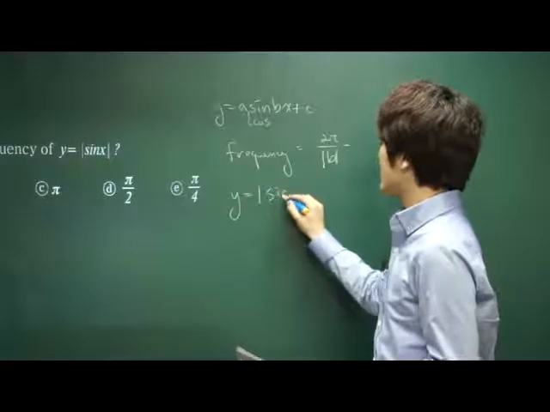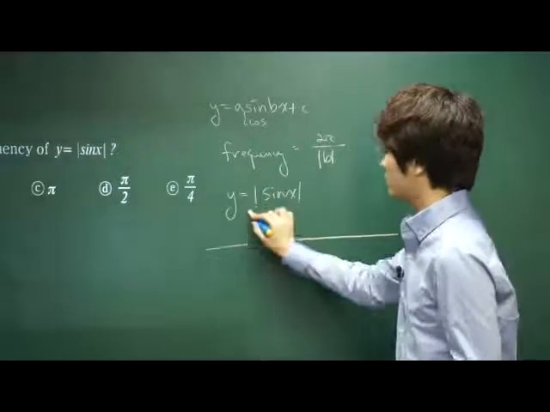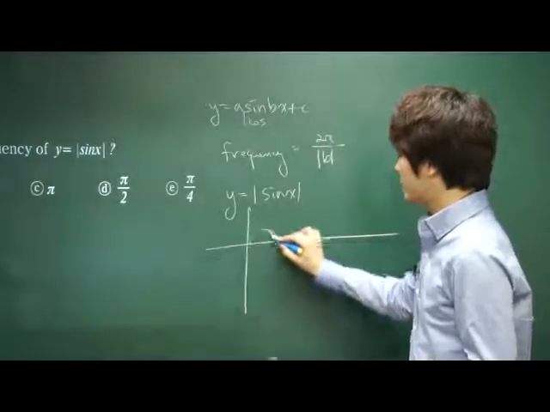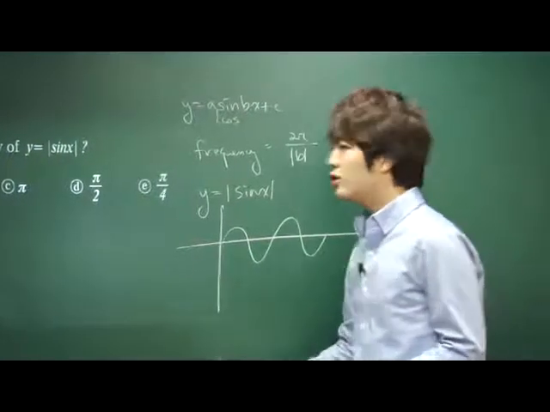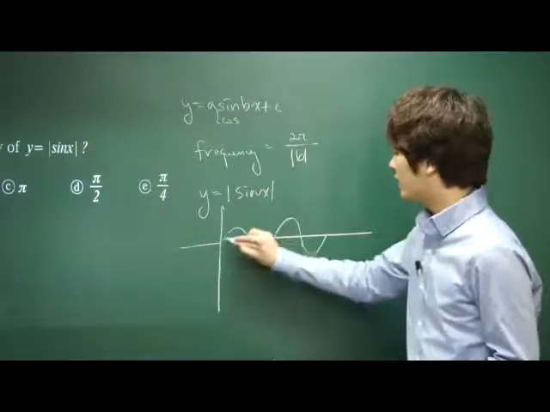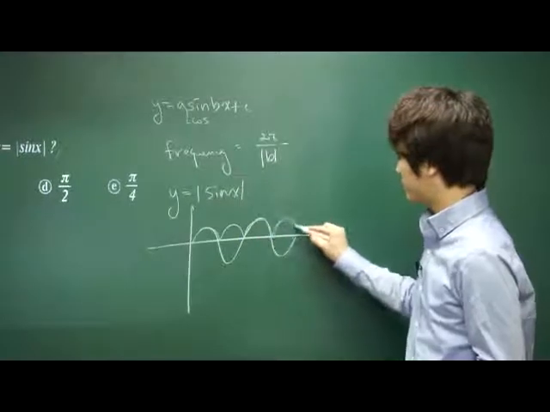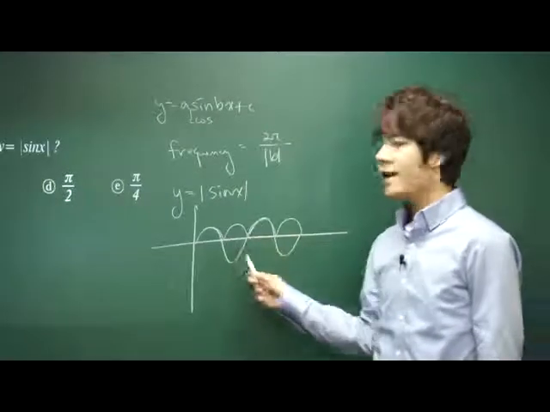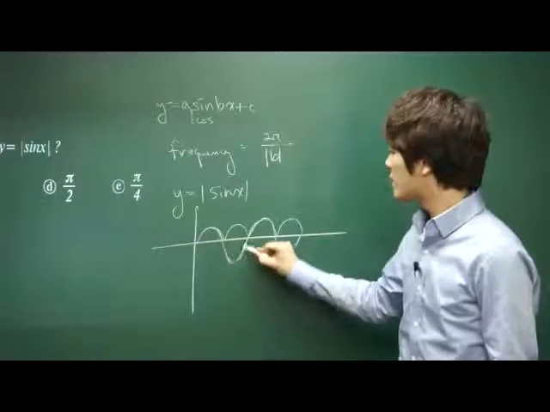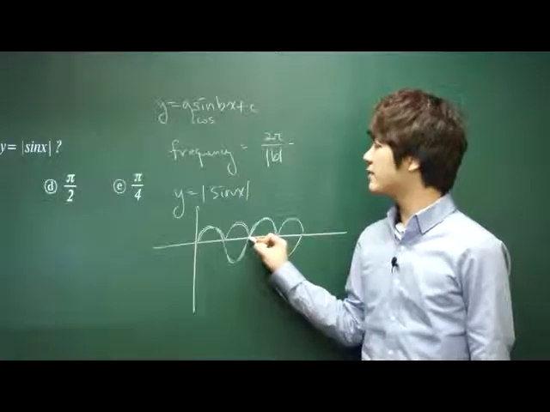But in this case, it is the absolute value of sine. If the normal sine graph looks like this, then the absolute value of sine graph will look like this. And we can see that the frequency has decreased by half. So what was the frequency for the sine function?